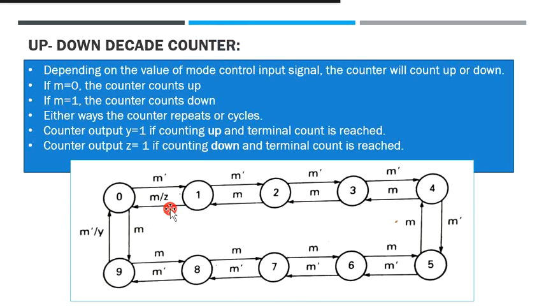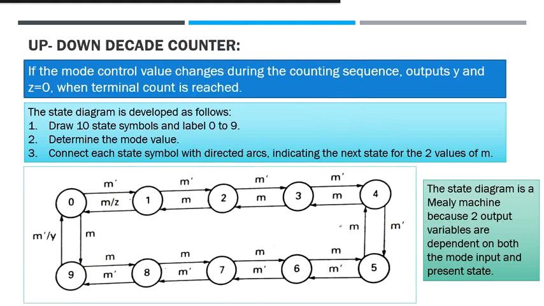Now if the mode control value changes during the counting sequence, the outputs y and z will be asserted, that is, will be equal to logic 0 when the terminal count is reached. So we can develop the state diagram for the up down decade counter as follows.